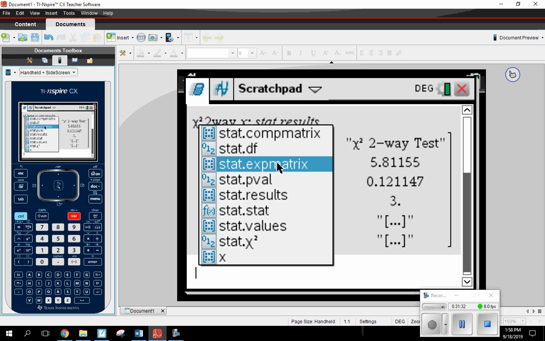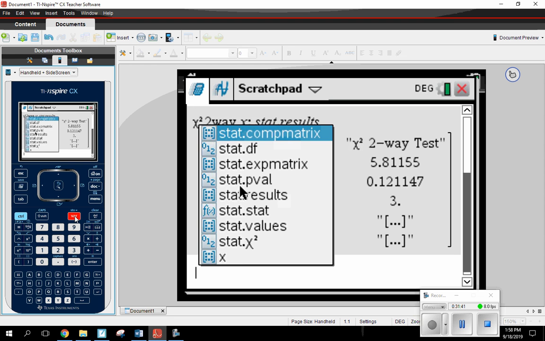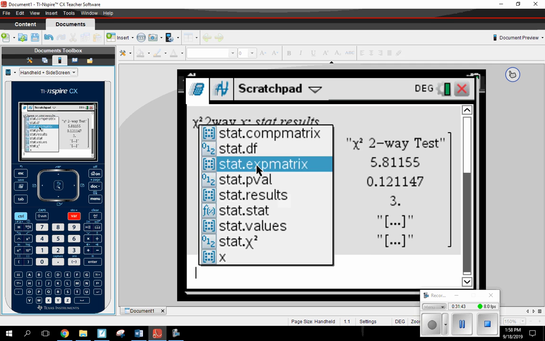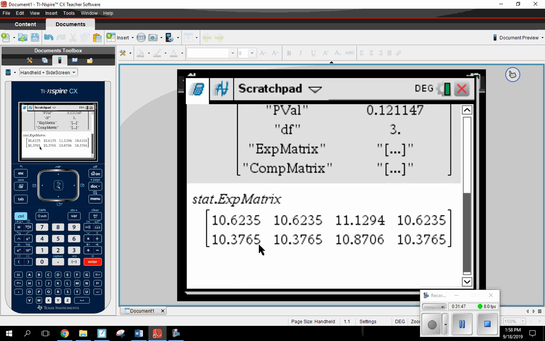And you'll notice you want the EXP matrix, the expected matrix. All I did to get here was I chose the variable button, EXP matrix. It puts that command right there. As soon as I push enter, it provides me all the expected frequency values for that data.